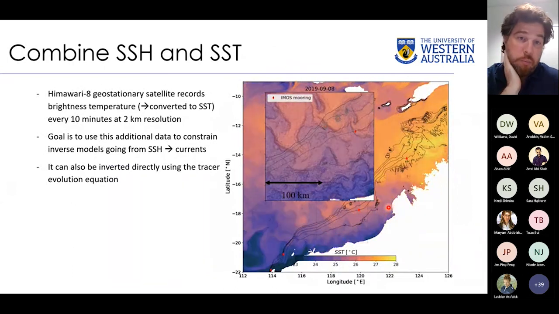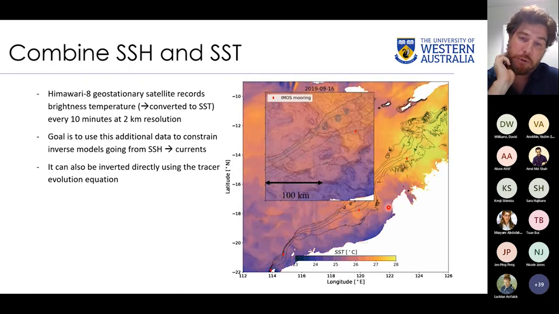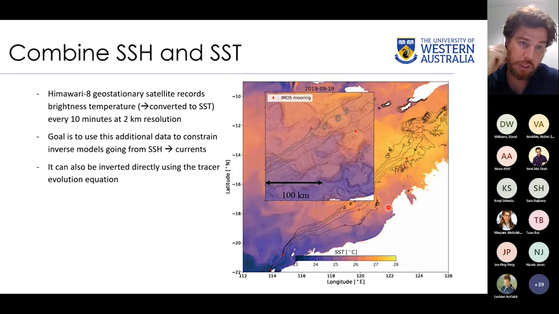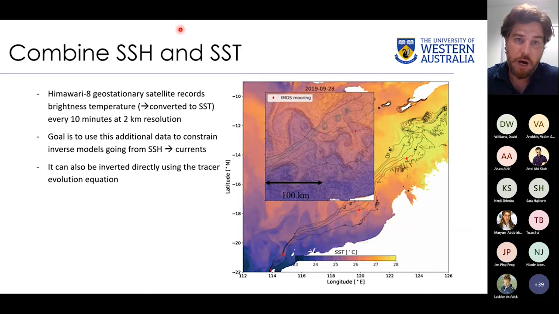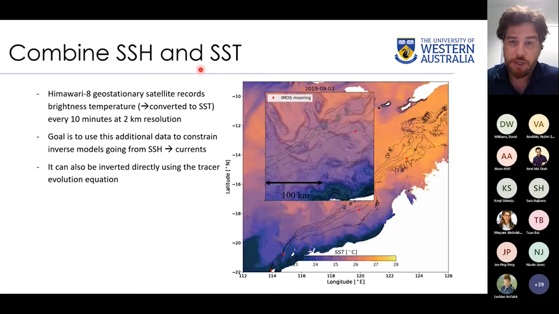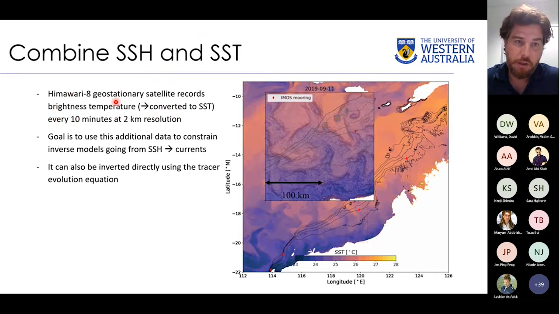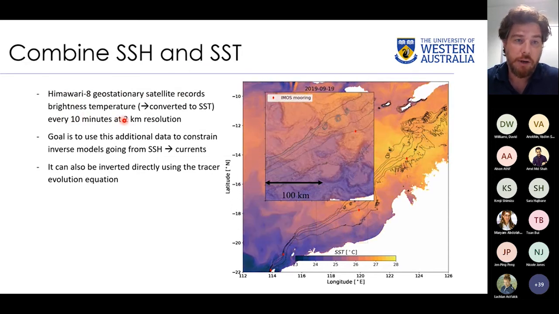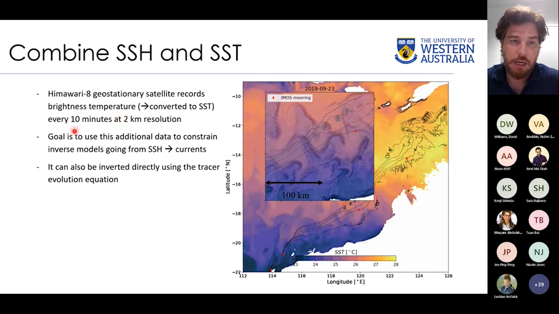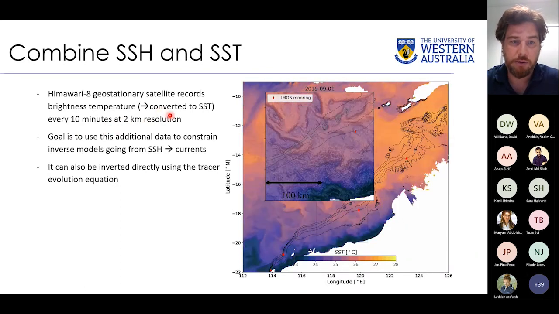So the other approach and the last approach for trying to infer the currents from this SWOT data is to combine the sea surface height with another tracer, so sea surface temperature. So it happens that there's this Himawari 8 geostationary satellite over Australia, and it measures temperature every 10 minutes at 2 kilometre resolution.